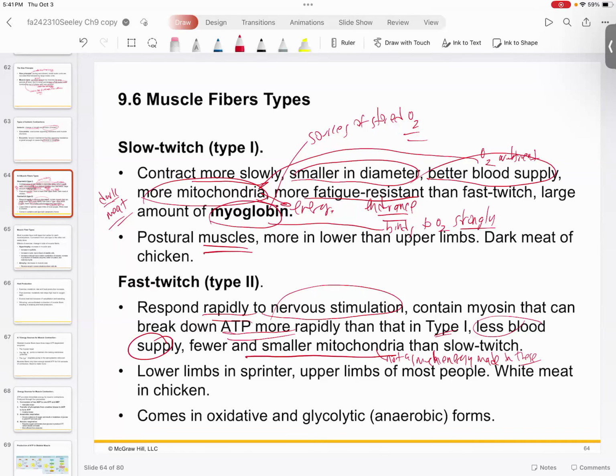And so most of your metabolic sources basically are fed not by mitochondria, which is aerobic, but mostly the energy comes from anaerobic sources oftentimes. And typically these are quickly depleted.